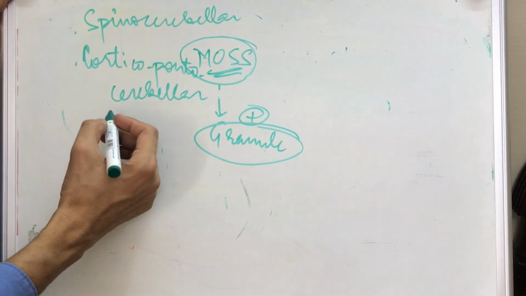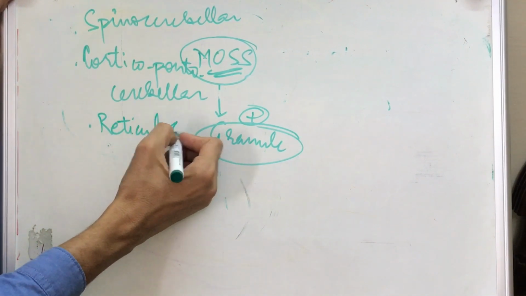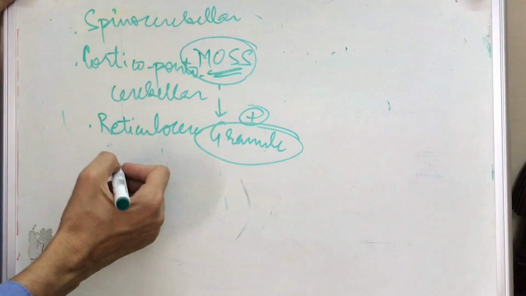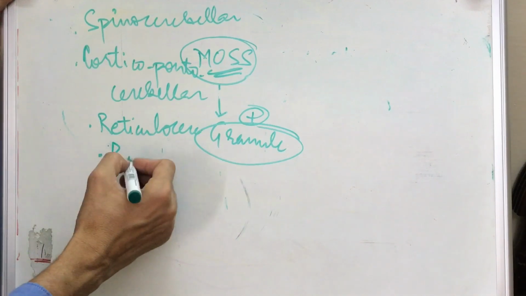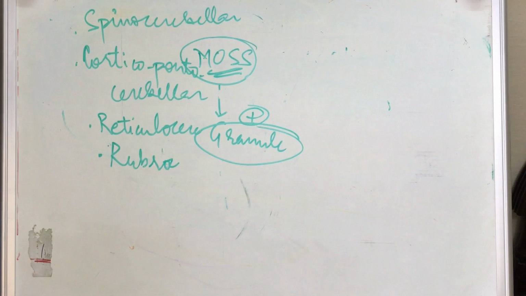If it is coming from the reticular formation, then it is called the reticulocerebellar tract. If it is coming from the red nucleus, it is called the rubrocerebellar tract. So all the rest of the afferent fibers, apart from the inferior olivary one, form the mossy fibers.